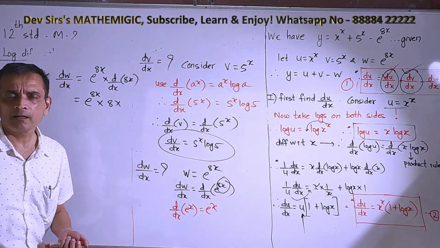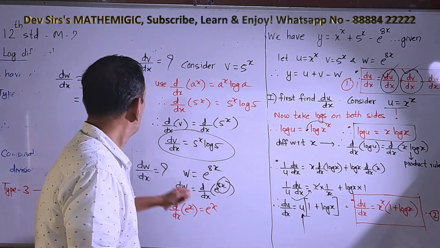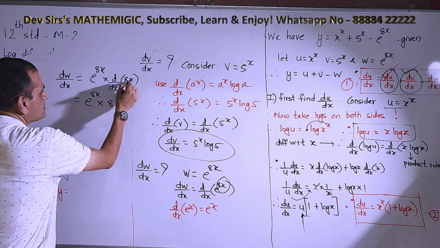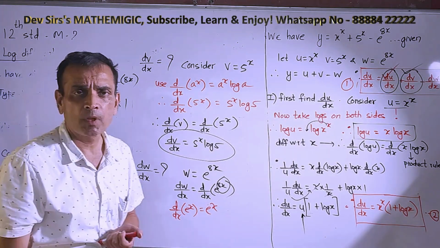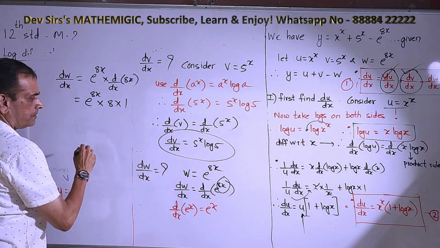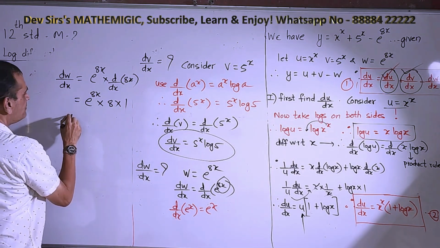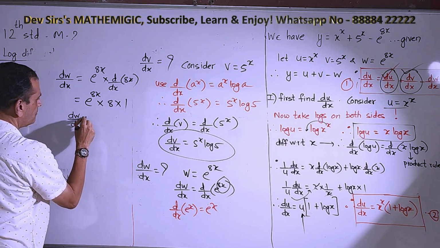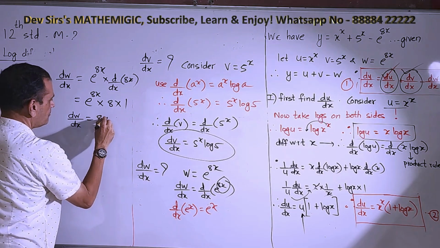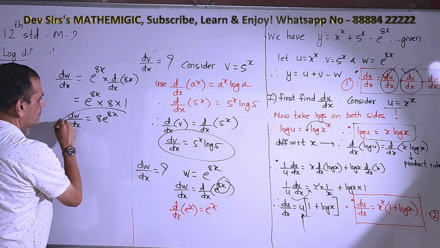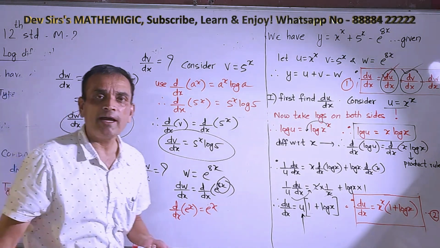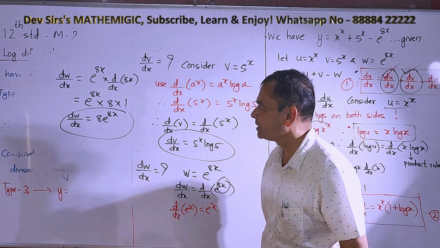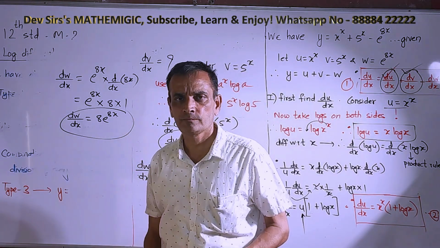8 कांस्टेंट बाजू को रखना है. Derivative of d by dx of x is 1. So dw by dx, 8 e raised to 8x. 8 सामने रख लिया तो अच्छा है, मतलब better way of writing.